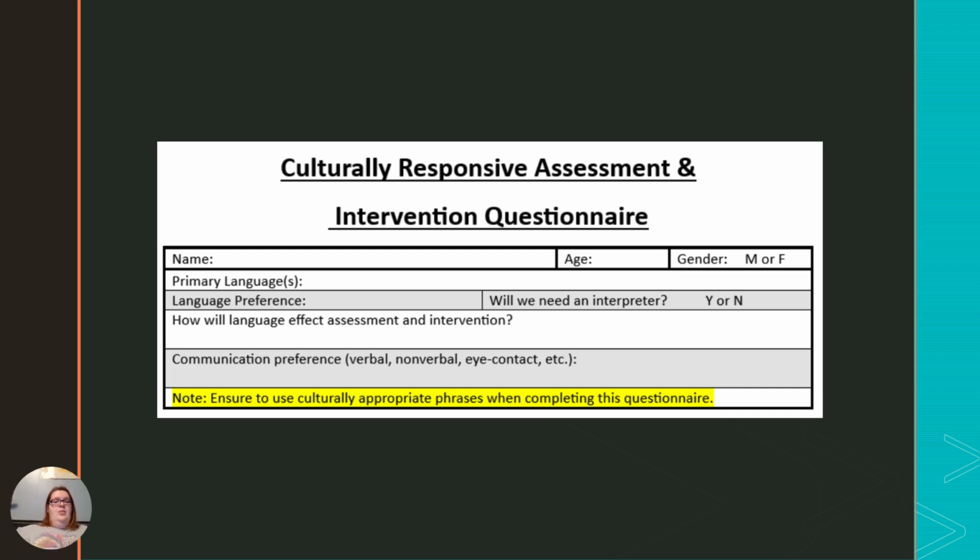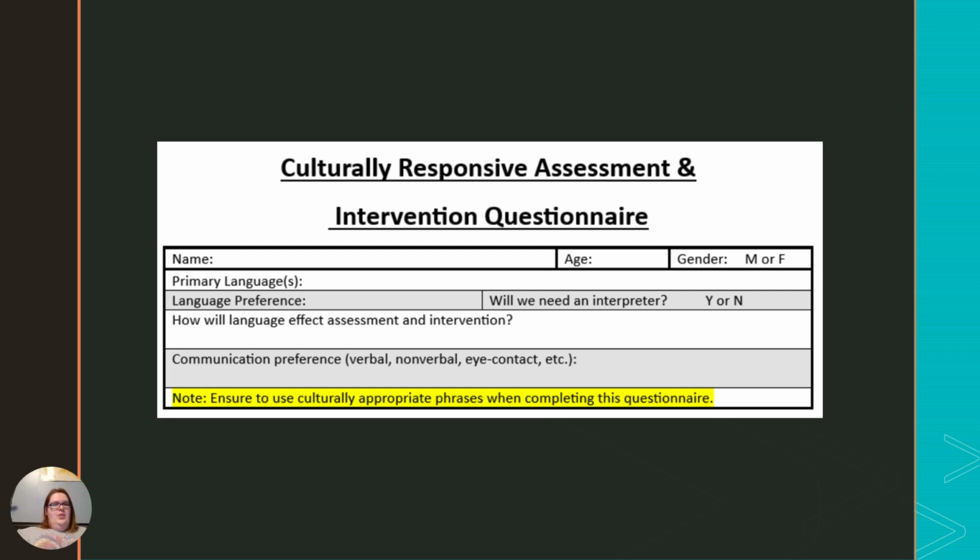And determine whether you may need an interpreter if you are not well versed in the language. You will determine how this language barrier can affect the assessment and intervention, and communication preferences. They, verbal, nonverbal, eye contact, anything like that.